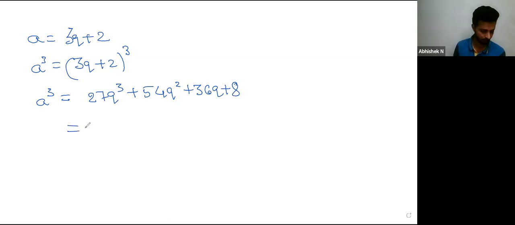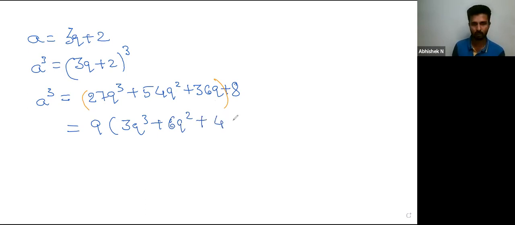And further, what we can do is just consider these terms. Then we take 9 outside, that is 3q cube plus 6q square plus 4q, plus 8 again.